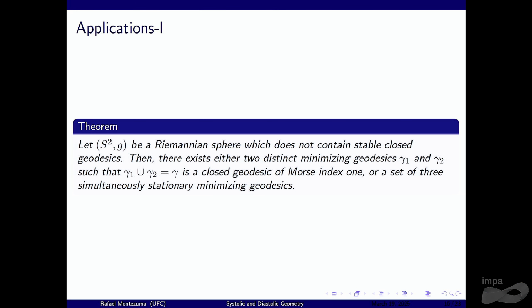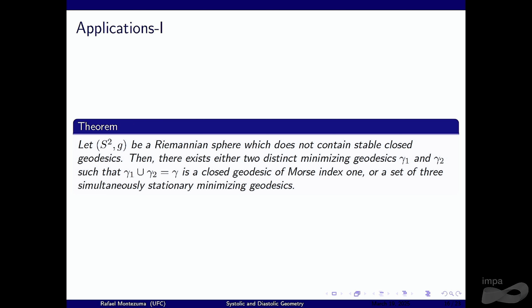So the first application is the following. So far we haven't considered any restrictions on the metric on S2 or on the ambient. So here we have a result in which we consider only the intrinsic case, and there is an extra assumption on the geometry, which is the following. You consider a 2-sphere which does not contain stable closed geodesics.